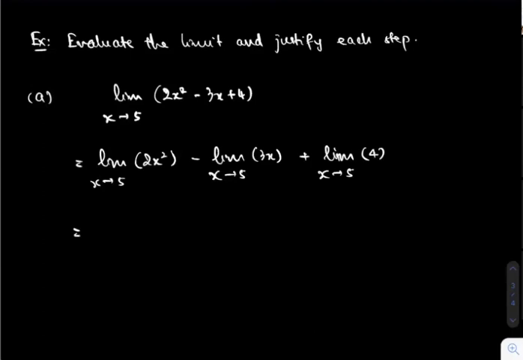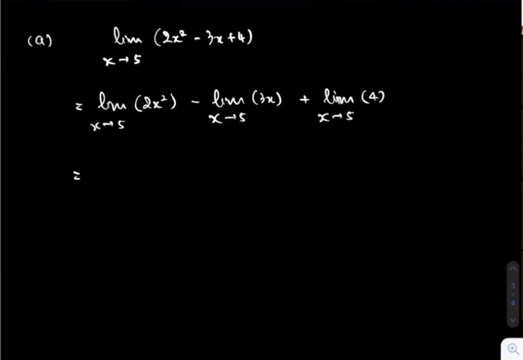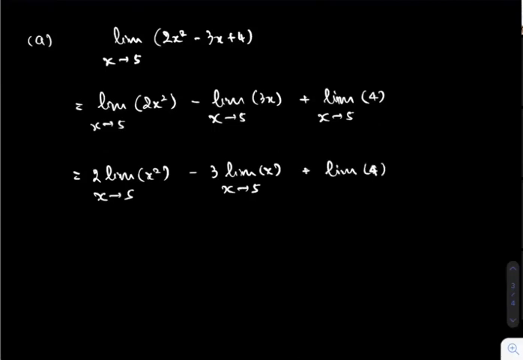That means you can pull the 2 out of the limit operation. You have 2 times the limit of x squared as x goes to 5, minus 3 times the limit of x as x goes to 5, plus the limit of 4 as x goes to 5.